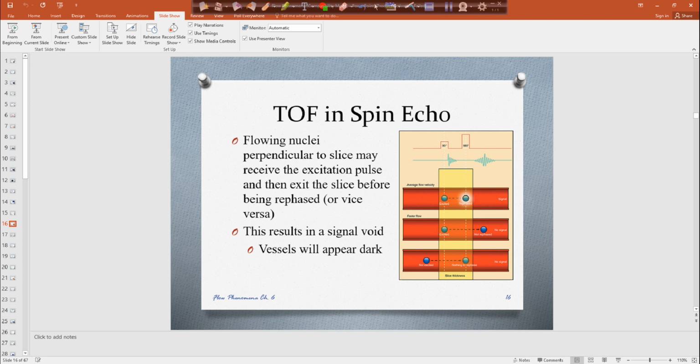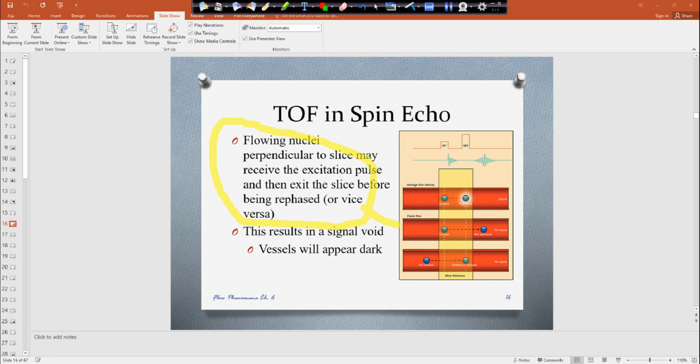So flowing nuclei, which is perpendicular, may receive the excitation pulse, but then it might exit before it's being rephased. This little description right here is associated with this second drawing right here. It gets the initial excitation pulse by that 90-degree RF.